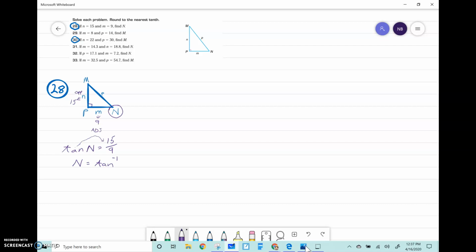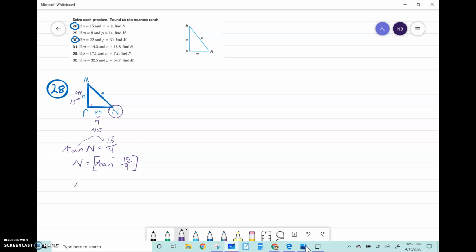When I move tangent to the other side, I get tangent -1. If you look above your tangent button on your calculator, there is a second operation; if you hit second and tangent, it pulls up tangent -1. I'm going to leave my fraction right here. This is what's going to go inside your calculator for your answer.